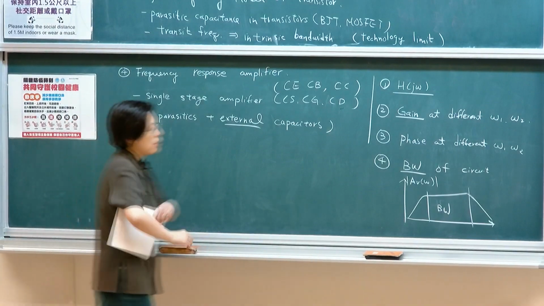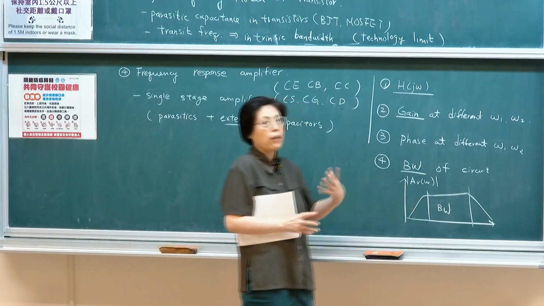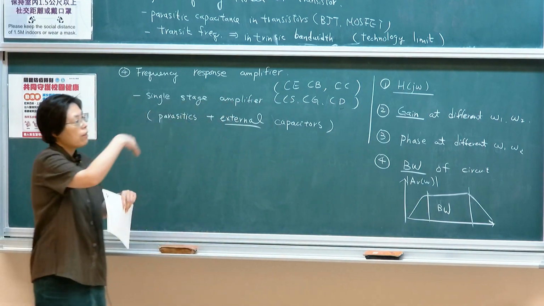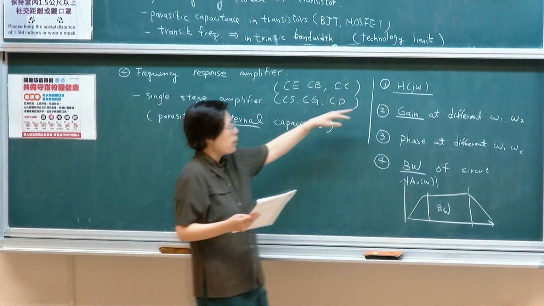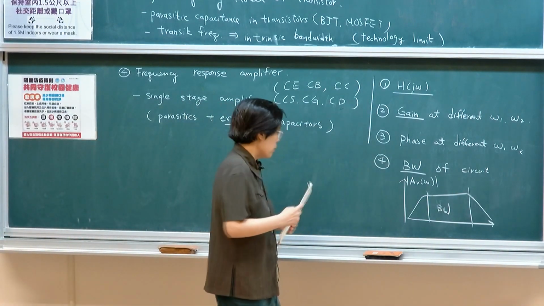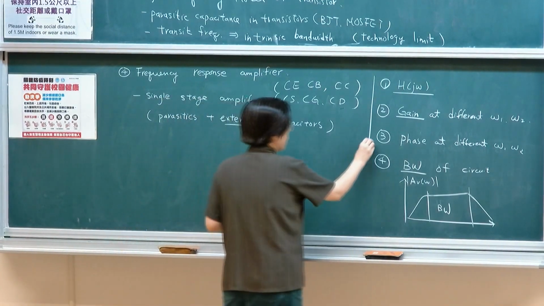So you should be able to plot this and understand these points, be able to extract these points and analyze those. So these are the things that we're going to go through, and after going through this chapter, you should be able to generate this once a circuit is given to you. Okay? Good.